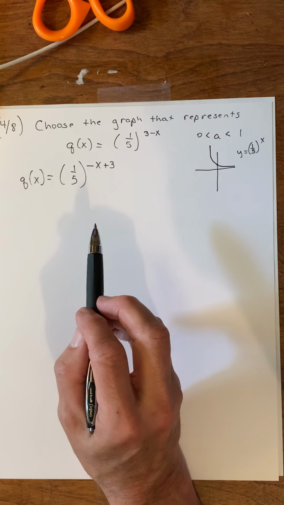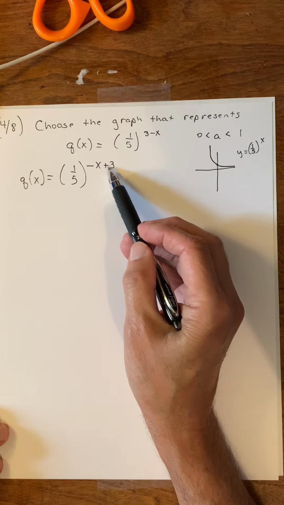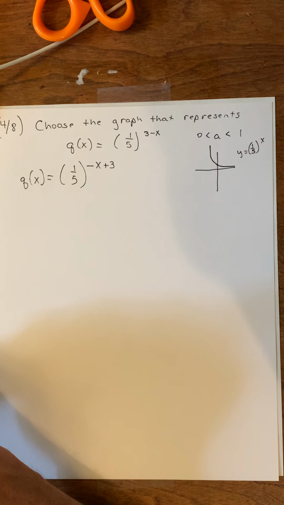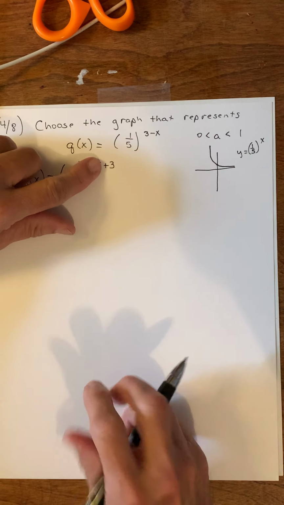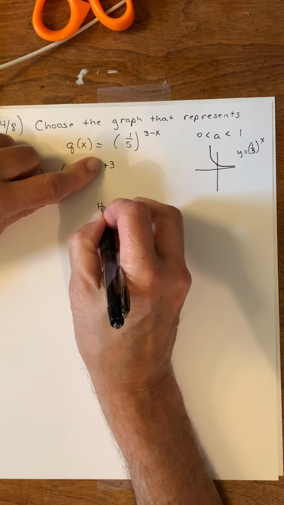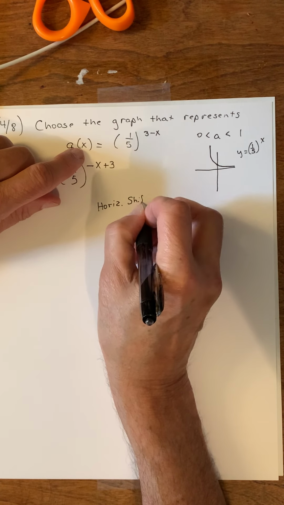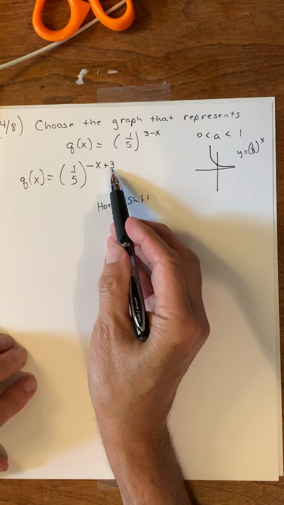So let's consider the transformation first. Has there been a horizontal shift? Was something added or subtracted to the x itself? To which you would say, yeah, something was added or subtracted to the x. So I have a horizontal shift. See that plus 3?